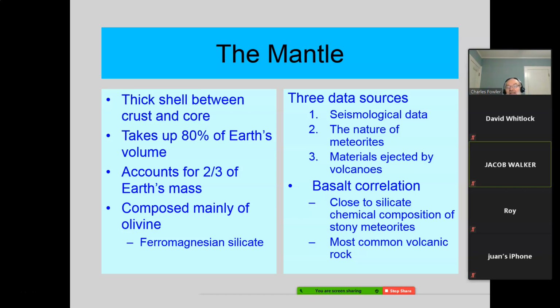It's composed mainly of olivine, which, if you remember, was a ferromagnesian silicate. It was one of the heavier ones. Remember, there was olivine, goodness, I'm going blank on the others. Biotite was the lightest one, but still heavier than just about anything else you find on the surface. I know the other names and they're just not coming to me.